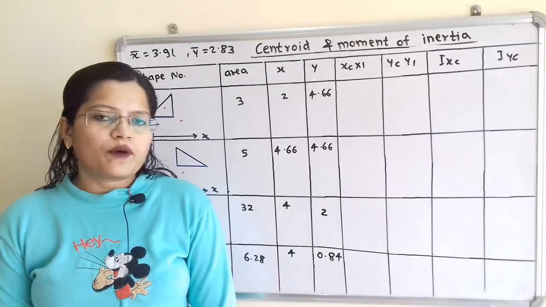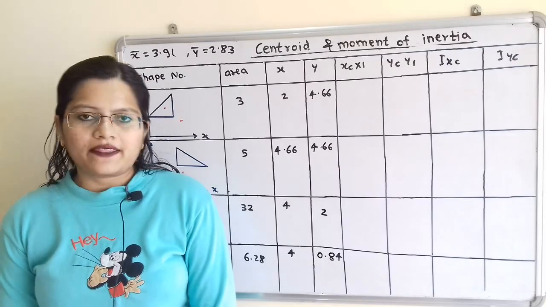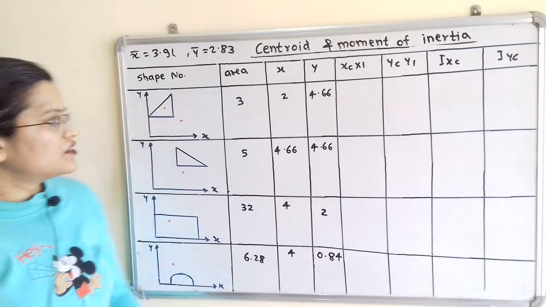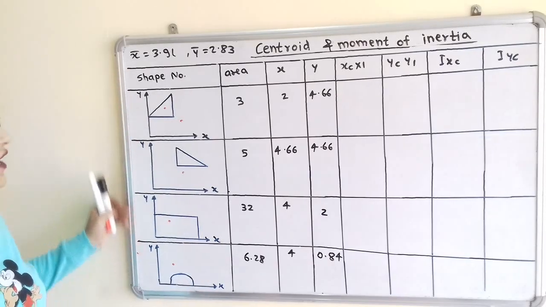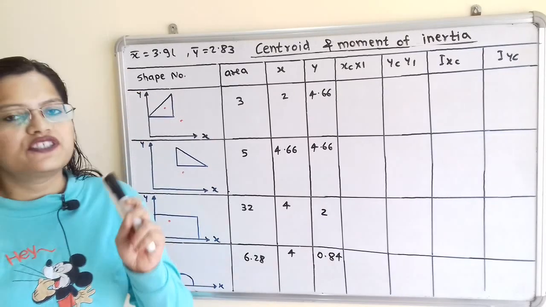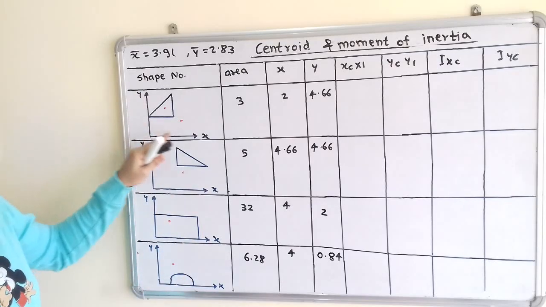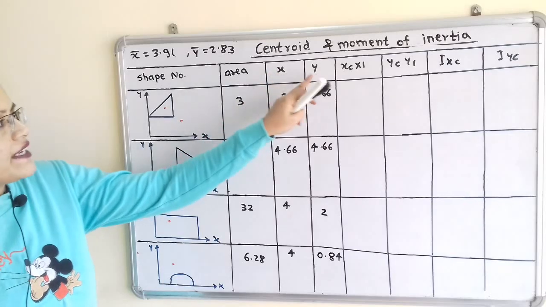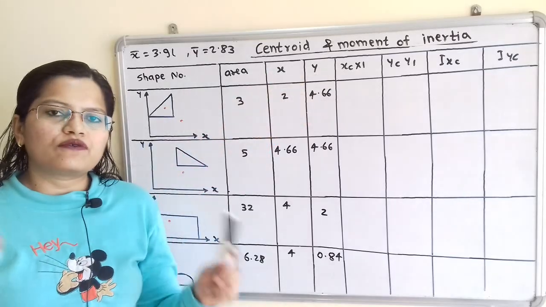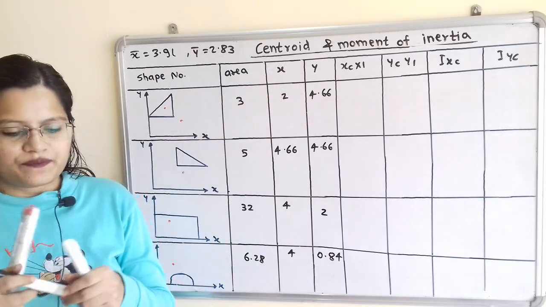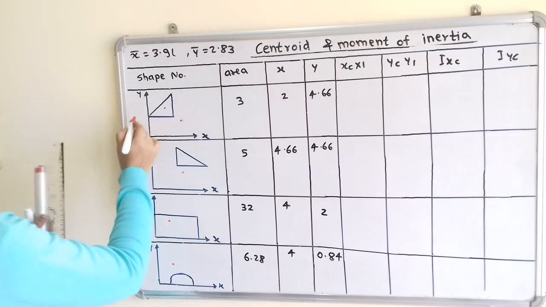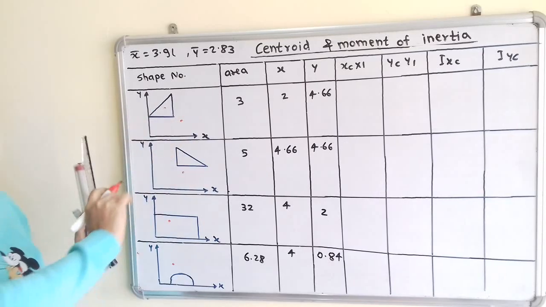To find out moment of inertia by using parallel axis theorem, we have to prepare other table. First column is for shape number, and we have to show here the different shapes with respect to x-axis and y-axis. Area, value of x and value of y we have to take from the previous table. Now we will show here for shape number 1, that is the right angle triangle. Here is the centroid.